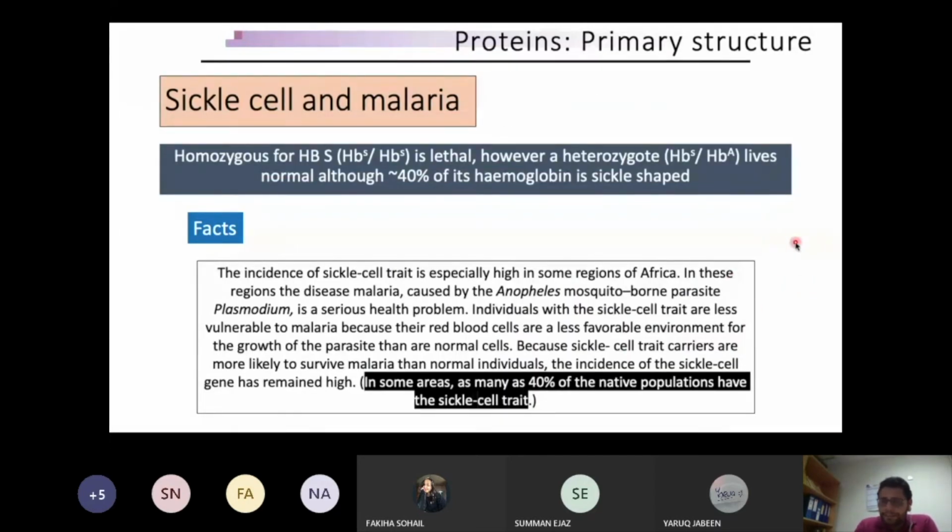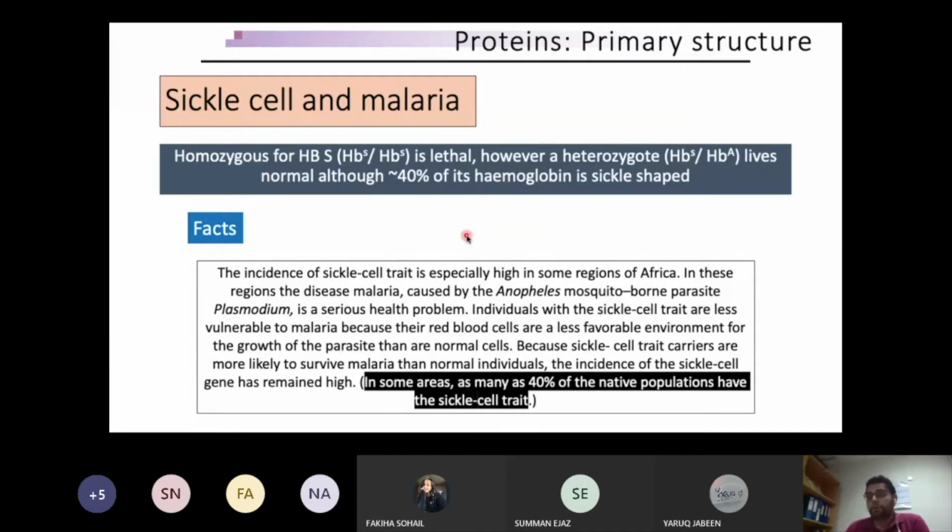So here is the fact, and I would like you to focus on what I want to tell you here. Those organisms who do not carry sickle cell are considered normal, but those organisms which have sickle cell have a compromised lifespan. So their lifespan could be shortened.